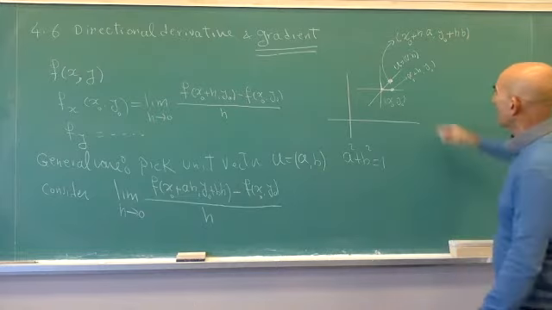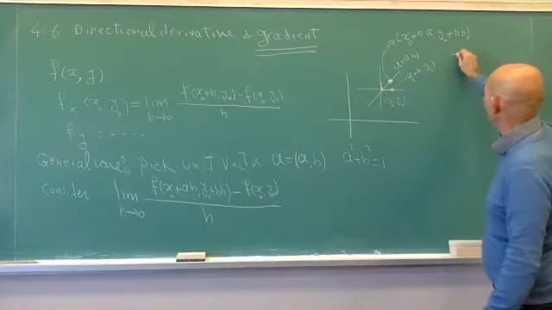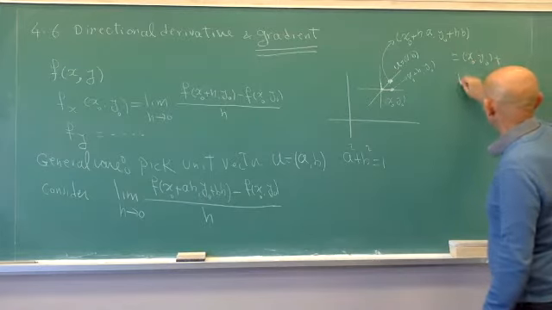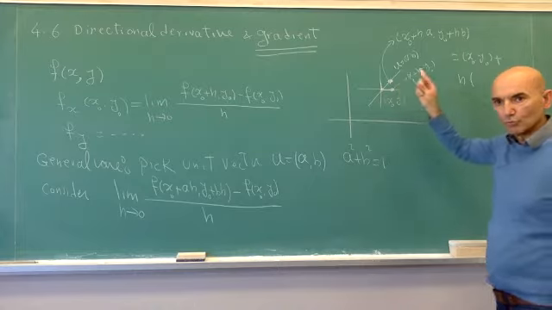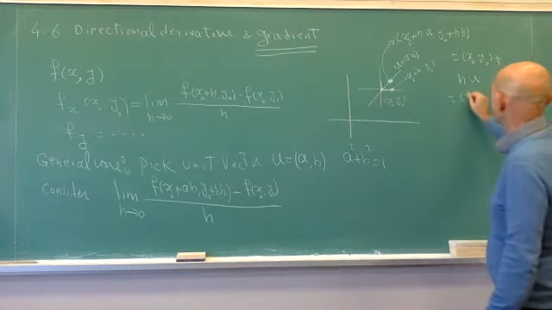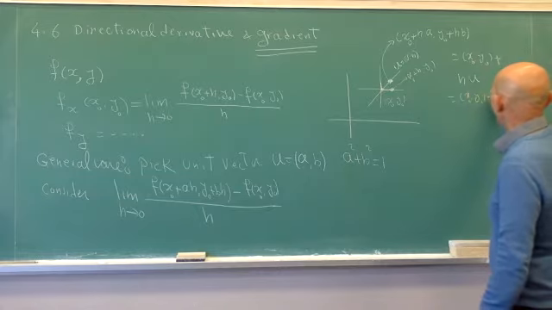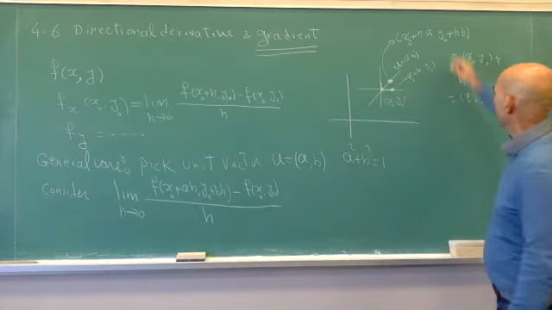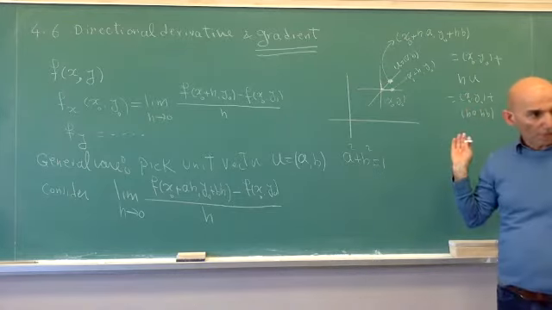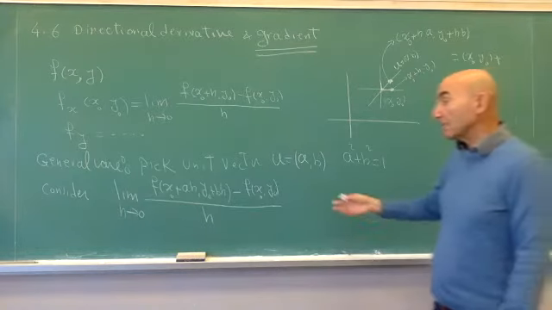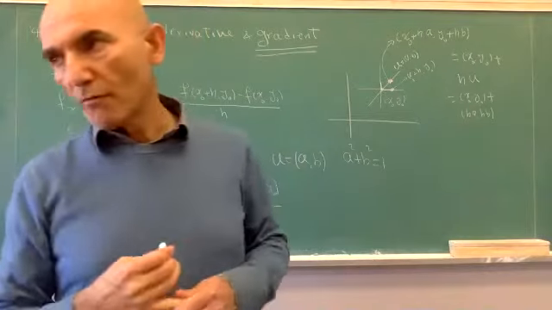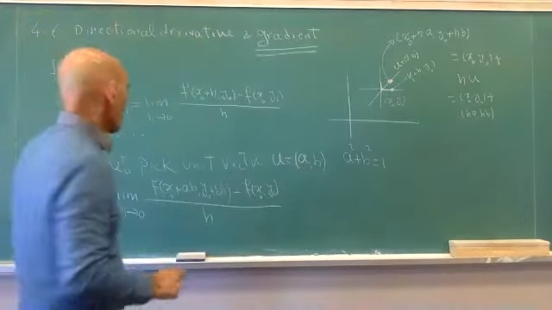I mean, this point has coordinates (x0, y0) plus h times this unit vector u, which is (a, b), so (x0 plus ha, y0 plus hb). That's what we have. Now, if this limit exists, then we call it the directional derivative of f at that point, right?